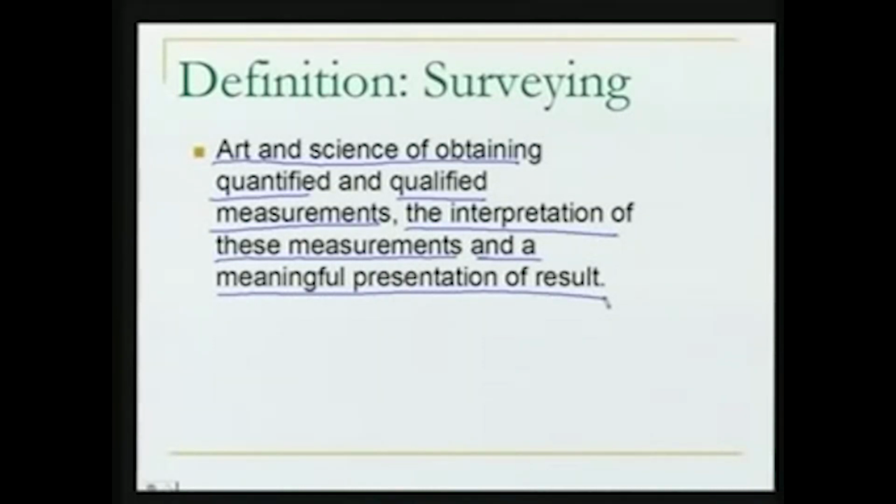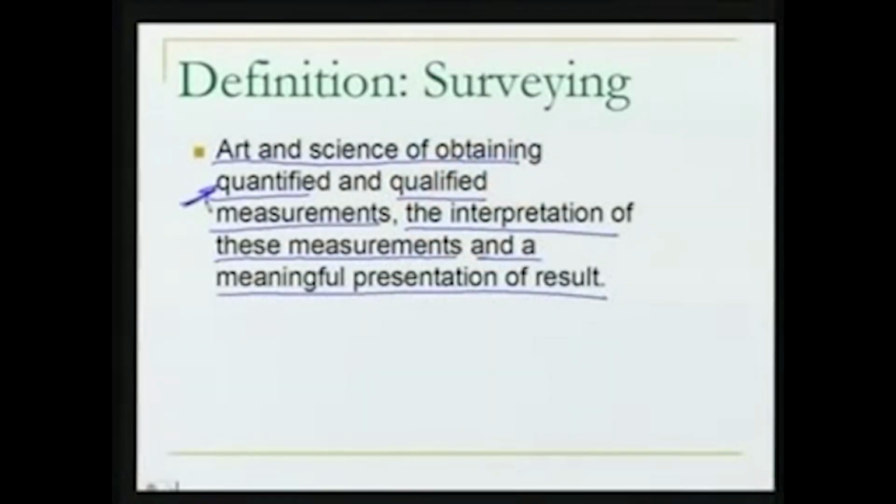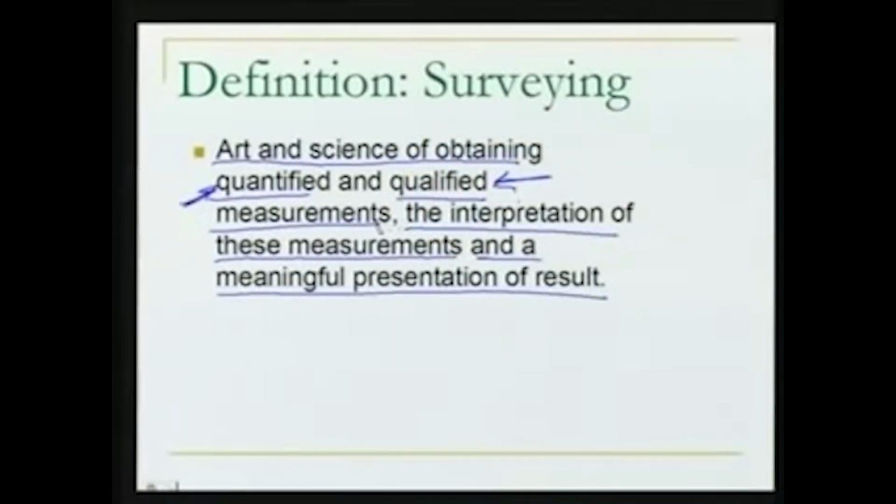We want to carry out some quantified measurements. Qualified, we should be sure about the measurements. Okay? And the measurements of what? Geoinformation. We want to interpret those measurements. Analysis. We want to interpret what we have measured. And then finally, we want to present it in a meaningful way, the presentation of the result. So this definition clearly defines what surveying is.